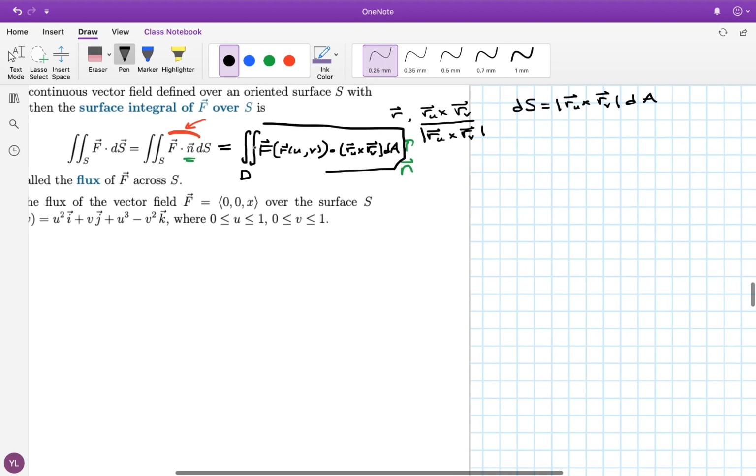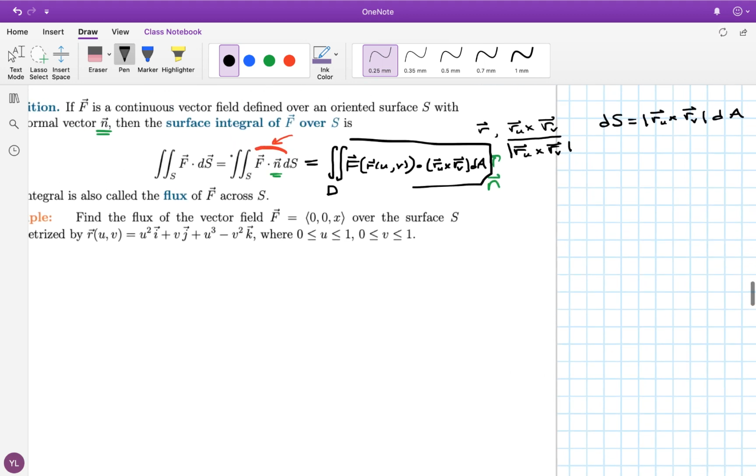When you're computing this type of surface integral of a vector field, just like with all surface integrals, the first thing you do is parameterize the surface. Once you have that done, this flux integral just ends up looking like this.